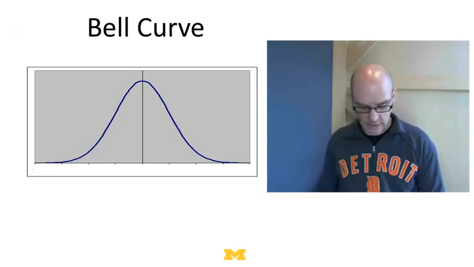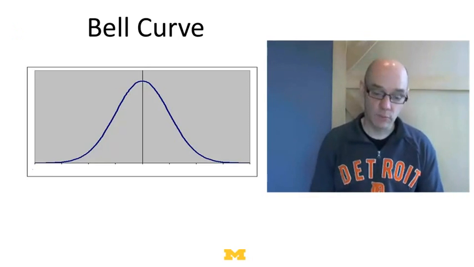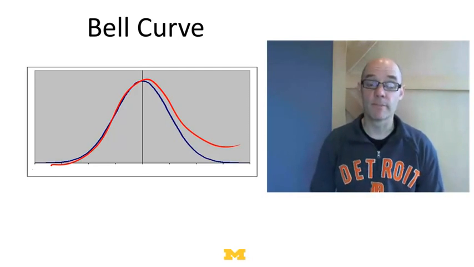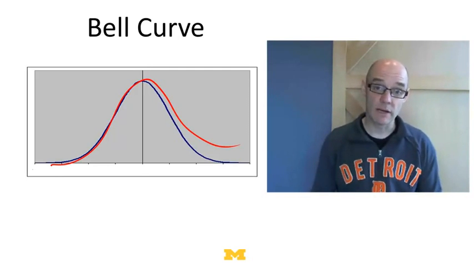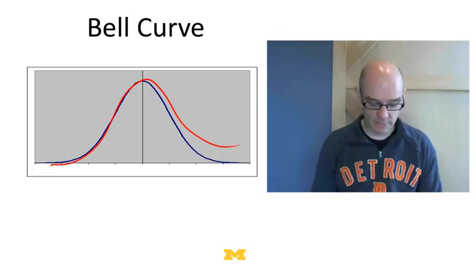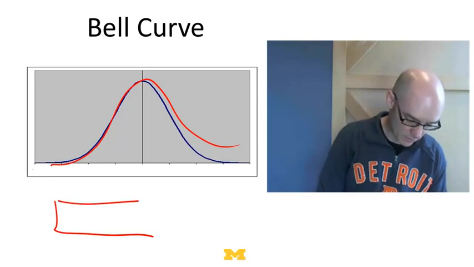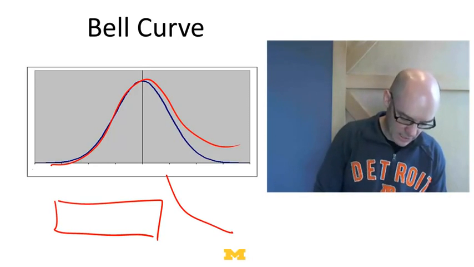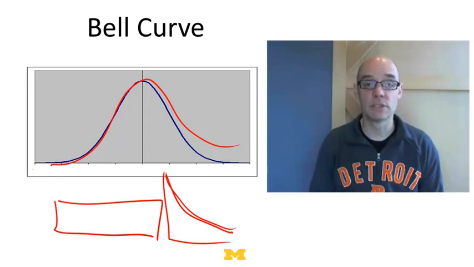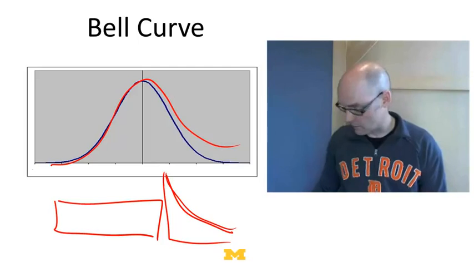But more commonly, we see distributions that are normally distributed, and we get this nice bell curve. Remember the bell curve when we talked about the central limit theorem. So when we talk about randomness, we're going to care about what the distribution of that randomness is, and also where it comes from. And that randomness can have lots of shapes. It can be uniform, it can be a bell curve, and it can even be a long tail, as we saw in that distribution on network graphs. So lots of different distributions out there, lots of different forms of randomness.